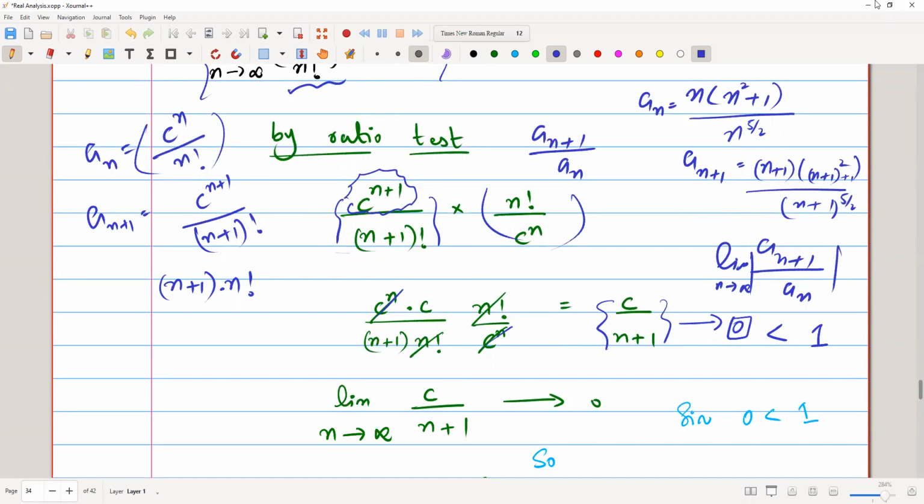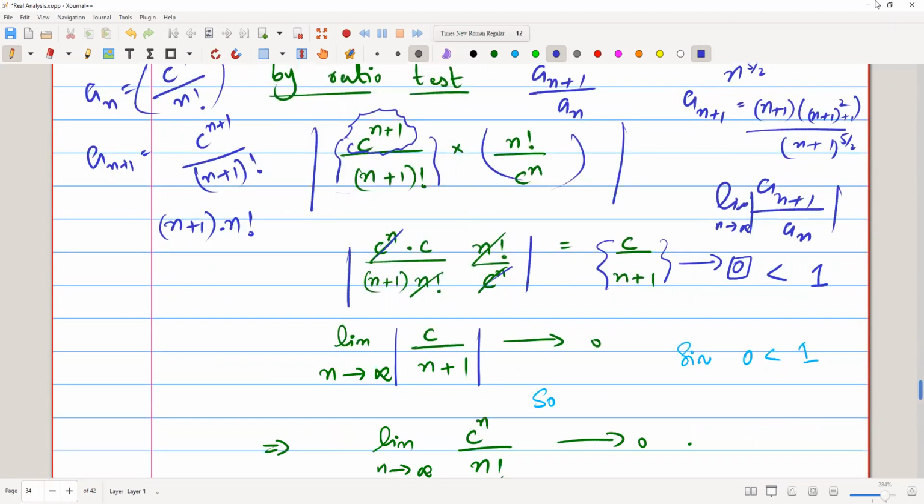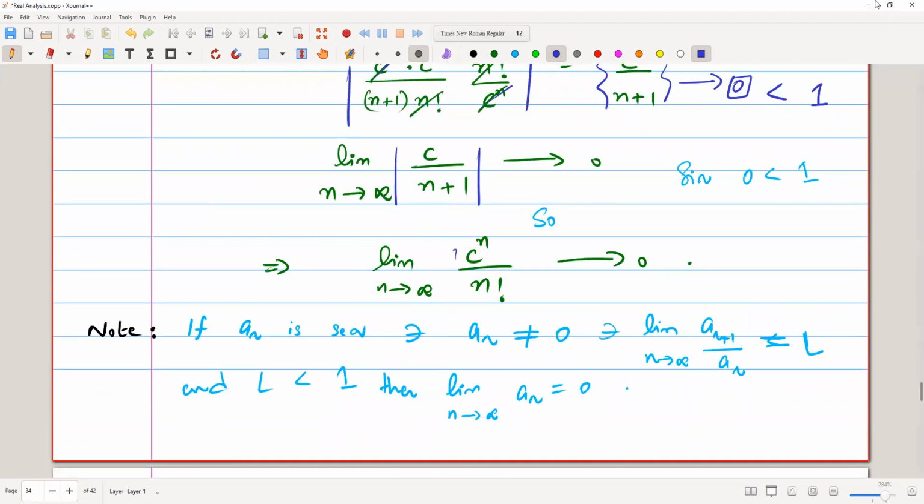Now we have to apply the modulus also. Keep in mind, it's important. The modulus of the sequence goes to 0, and 0 is less than 1. Therefore, the original sequence converges to 0.